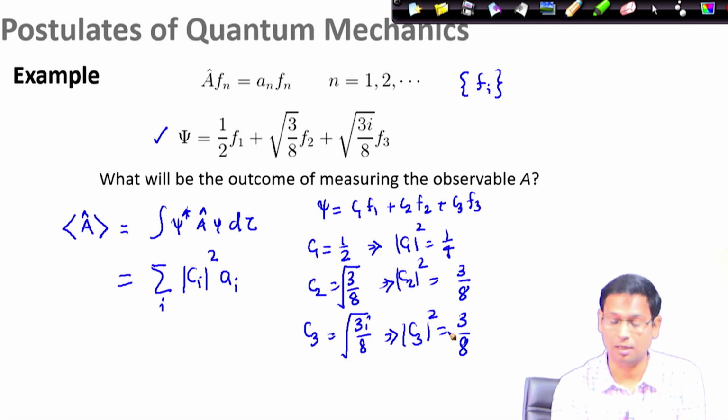So, what is the outcome of this experiment? This tells that I have 1 by 4. So, that means c_1 squared is 1 by 4.